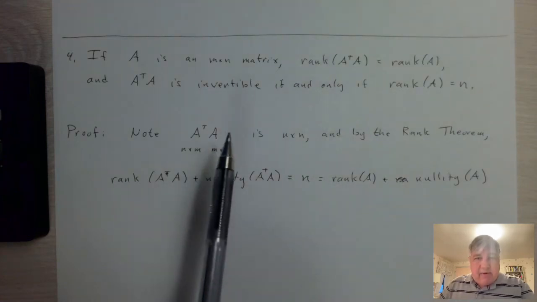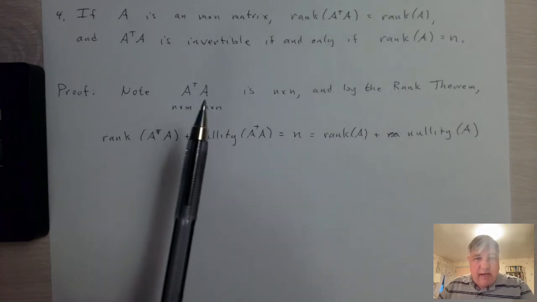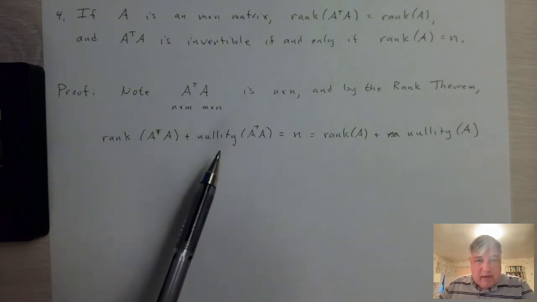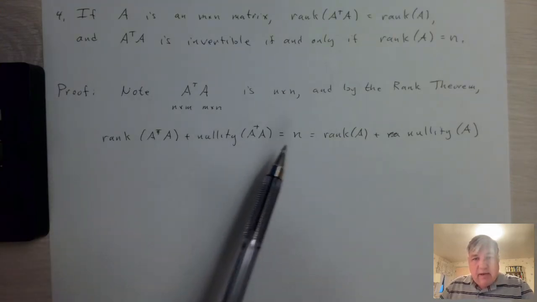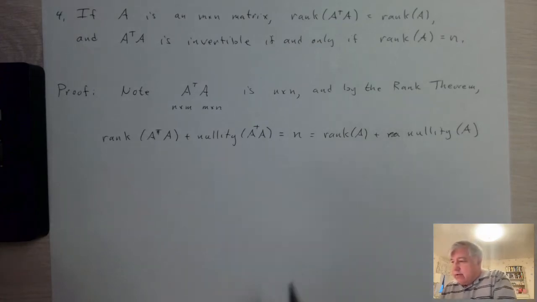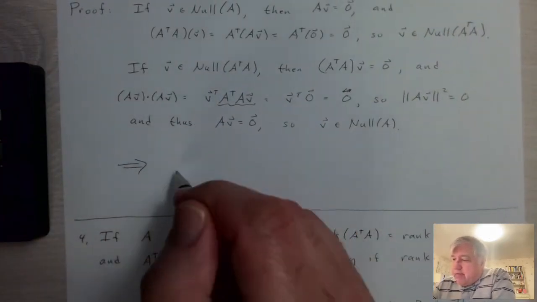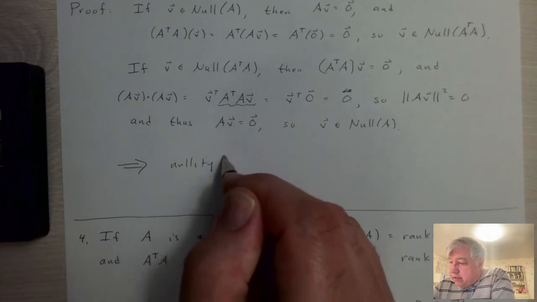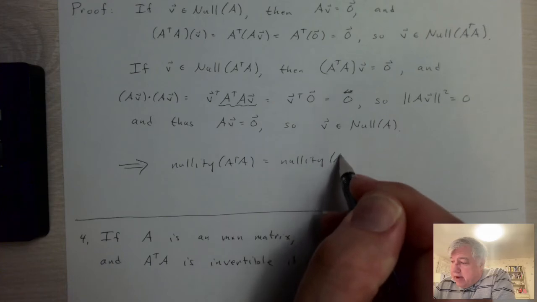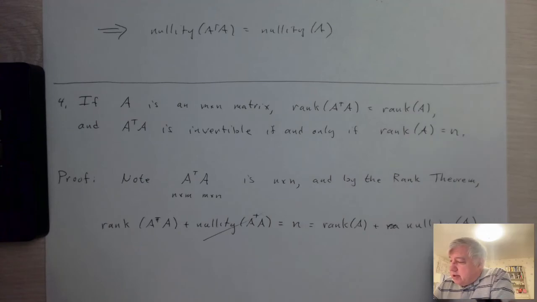The number of columns here is n, and we can apply the rank theorem to both A transpose A and A. You get the rank of A transpose A plus the nullity of A transpose A equals n, but that's also equal to the rank of A plus the nullity of A. As a result of number 3, the nullity of A transpose A is equal to the nullity of A. So these essentially cancel out.